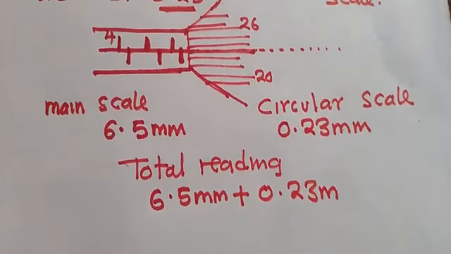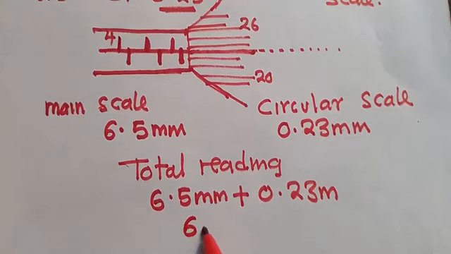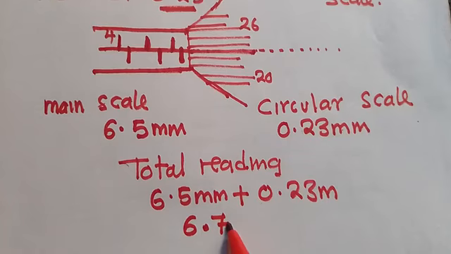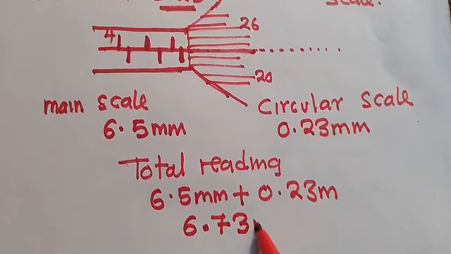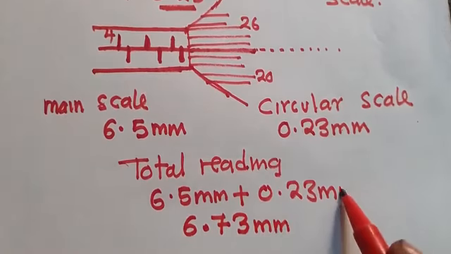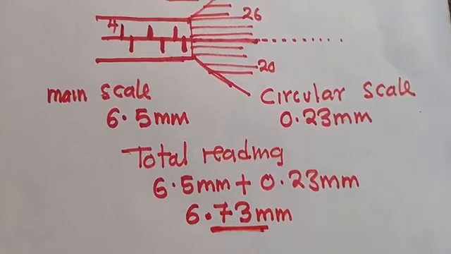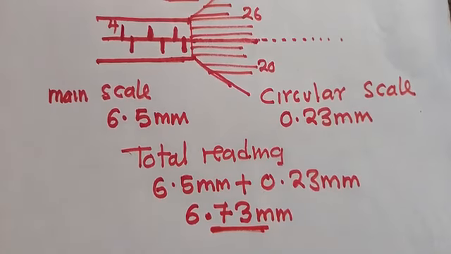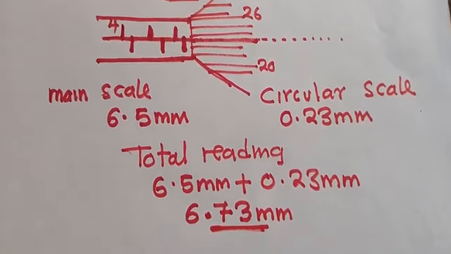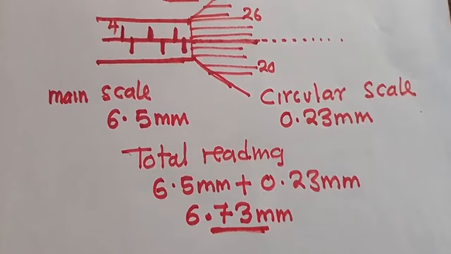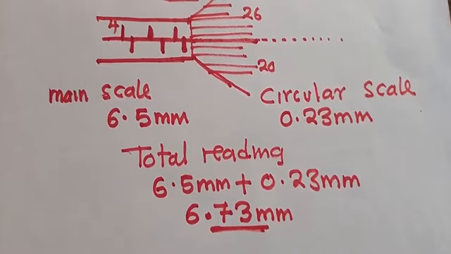When you add, you are going to get 6.73 millimeters. So these are your readings. This is how you need to answer it, and these are procedures that you need to follow.